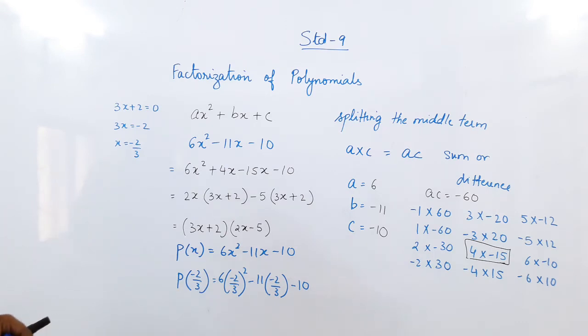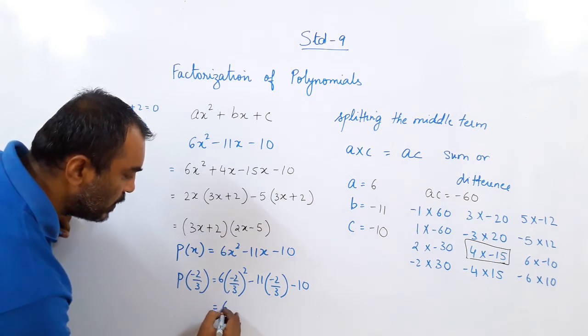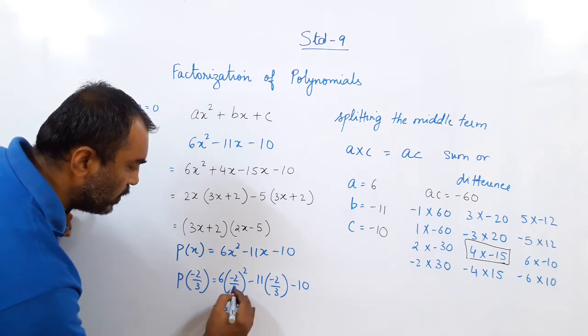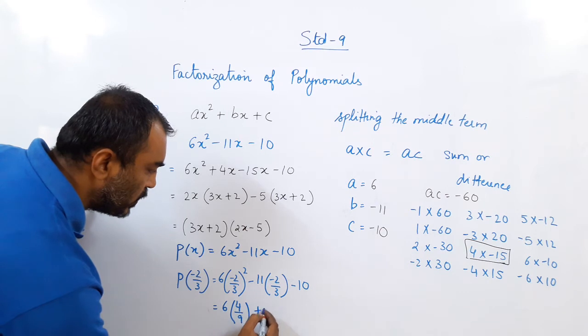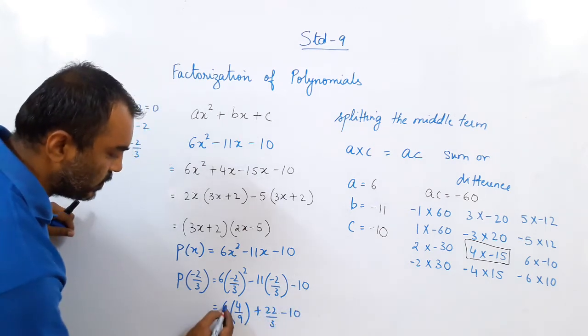Yes? Should it work out? So this is 6, now square, 2 2s are 4 and 3 3s are 9. This becomes plus 22 upon 3 minus 10.